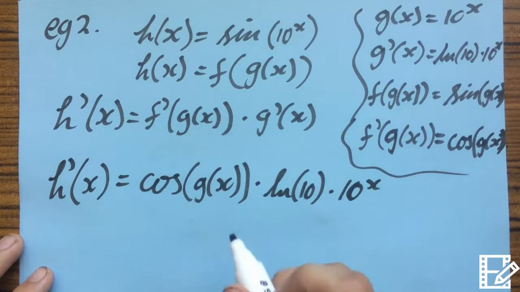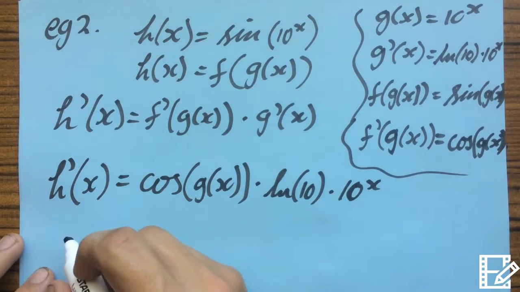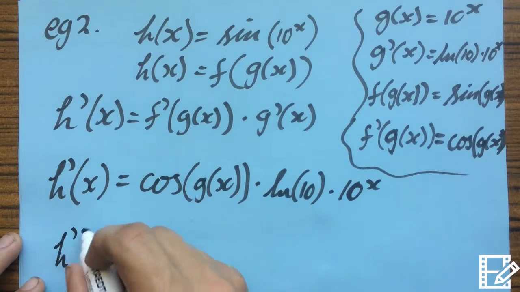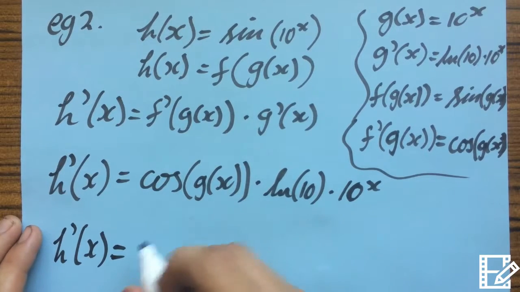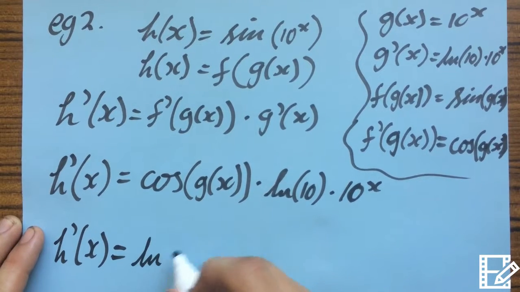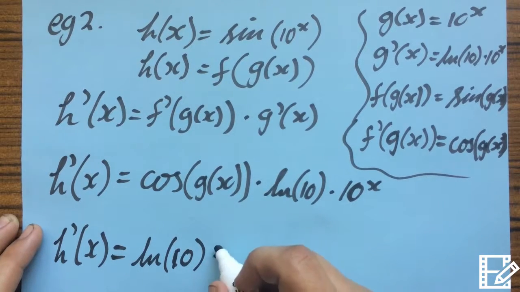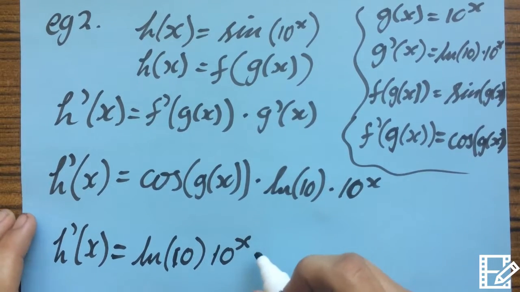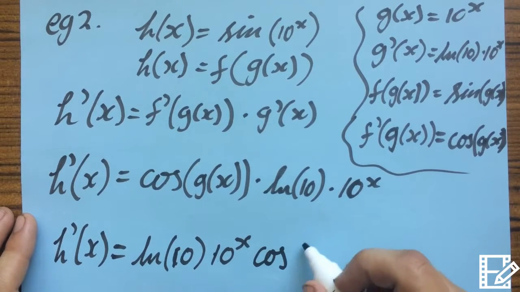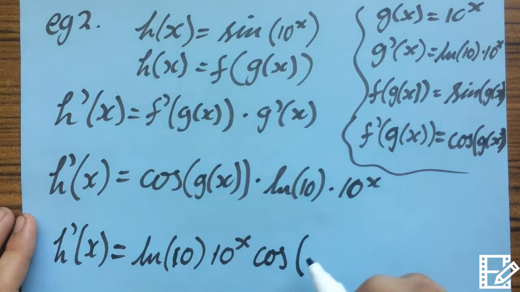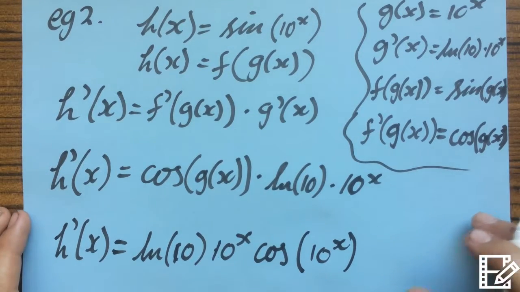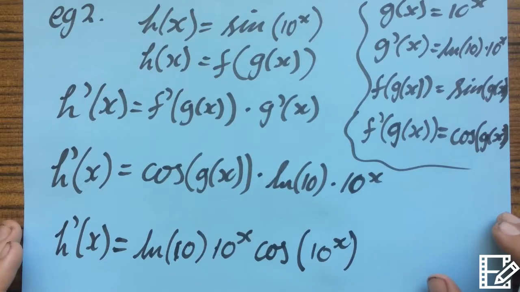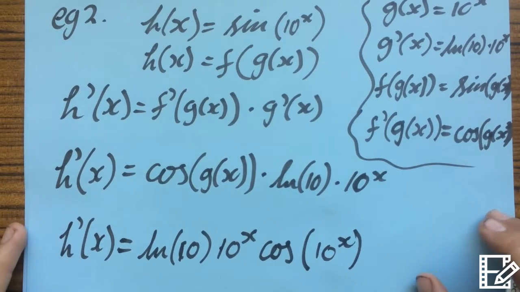If we fill in g(x) and rearrange it a bit, we'll bring the ln 10 and 10^x out front, then cos, sub in g(x), g(x) is 10^x, and that is your first derivative, following the chain rule and using the methods I showed you before.